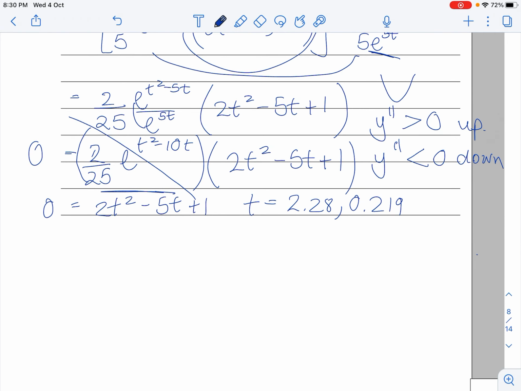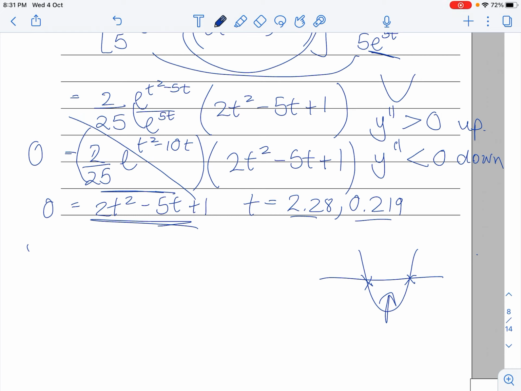Okay, so when we're looking up, now this here is a positive parabola. If we think of it as a parabola, that's where my 2 t values are, 2.28 and 0.219, where it crosses the x-axis in the old thinking of it. So when it's a positive parabola, we know that it's negative when it's between those 2 points.